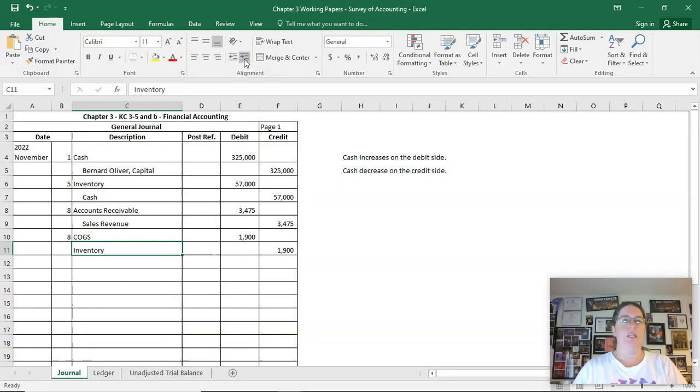I'm going to indent that line because that is our credit. So again, debit accounts receivable to show that somebody owes us money, credit sales revenue to show that we sold that amount, debit cost of goods sold to show that we had that expense, credit inventory to remove it from our inventory.